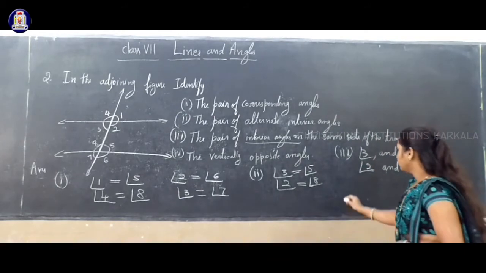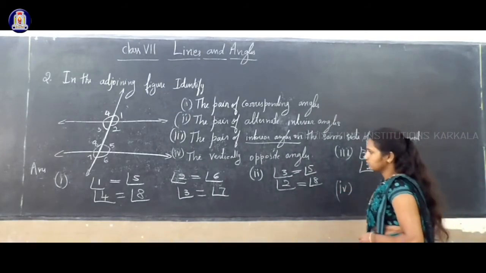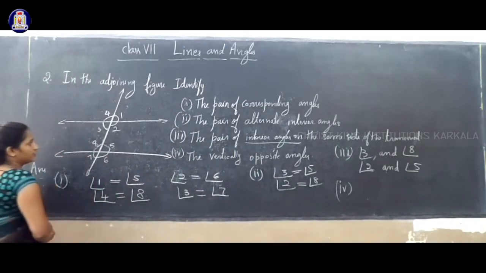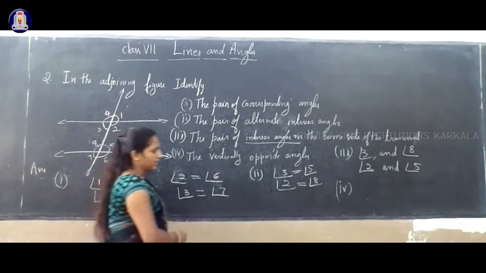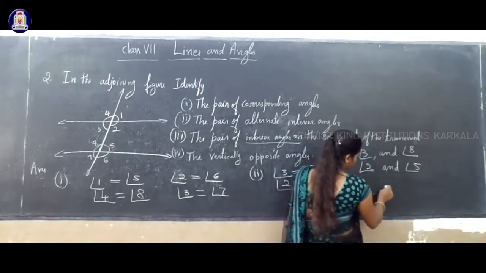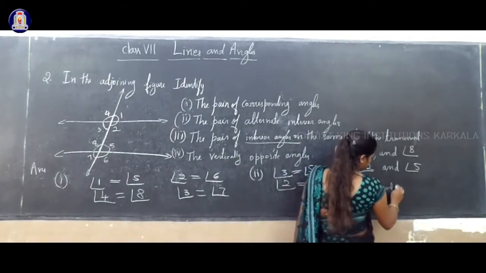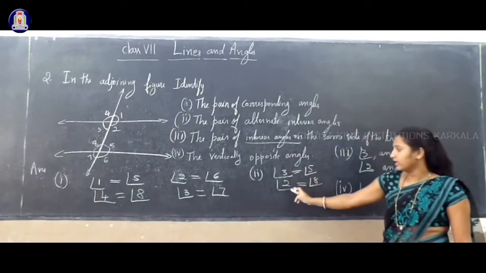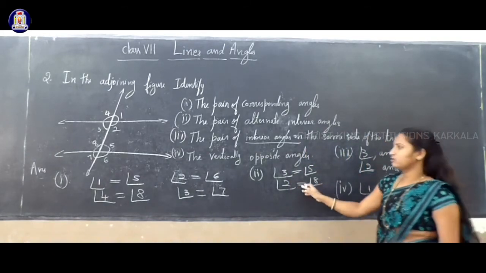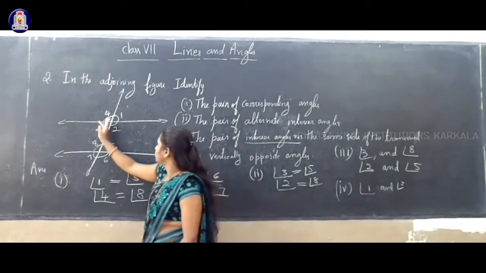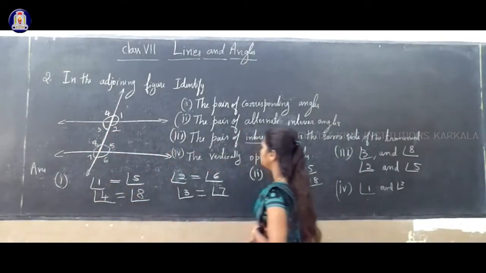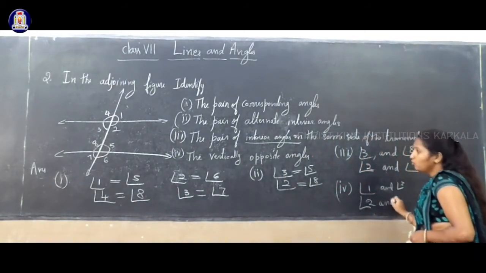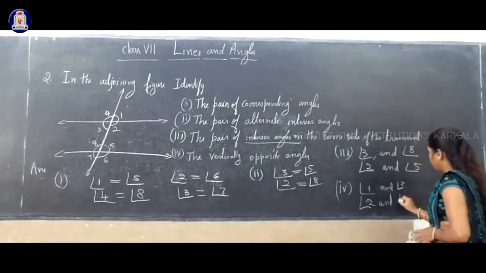Next, what is the fourth question? Just you have to write vertically opposite angles. Which angles are vertically opposite? So in this figure we can say angle 1 and angle 3 are vertically opposite. Here you can write angle 3 and angle 4, angle 2 and angle 8. So equal also you can write because they are equal. So angle 1 and angle 3, angle 2 and angle 4.